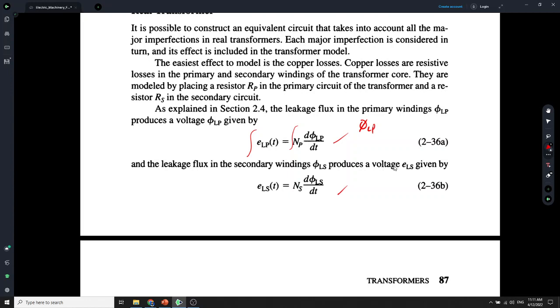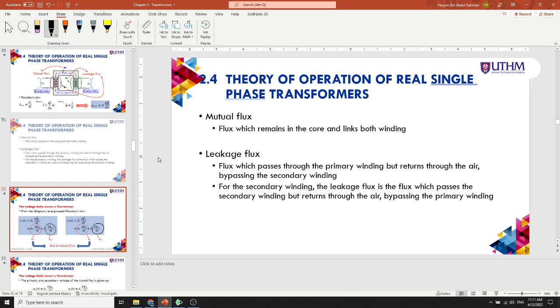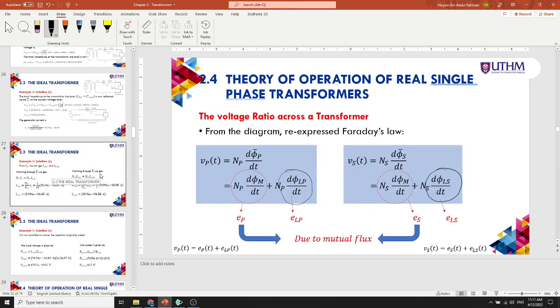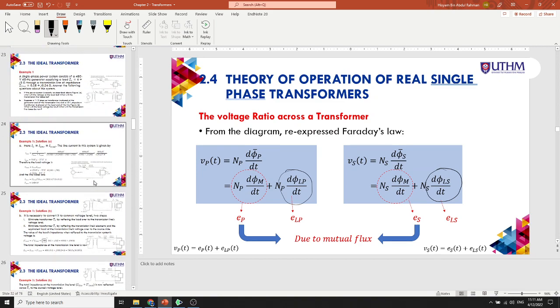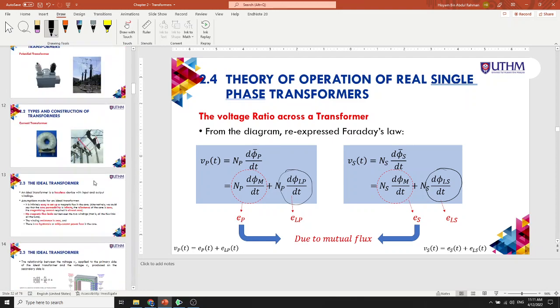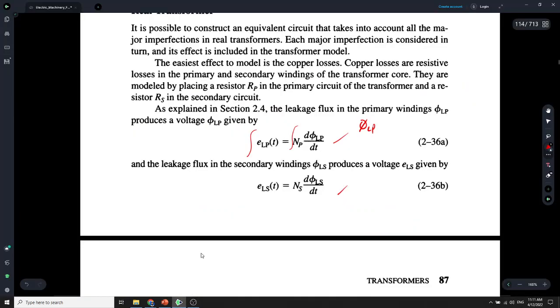We know that the flux is proportional to the current. Do you still remember the formula of the flux? Flux equal to BA, and we learned this in chapter 1.